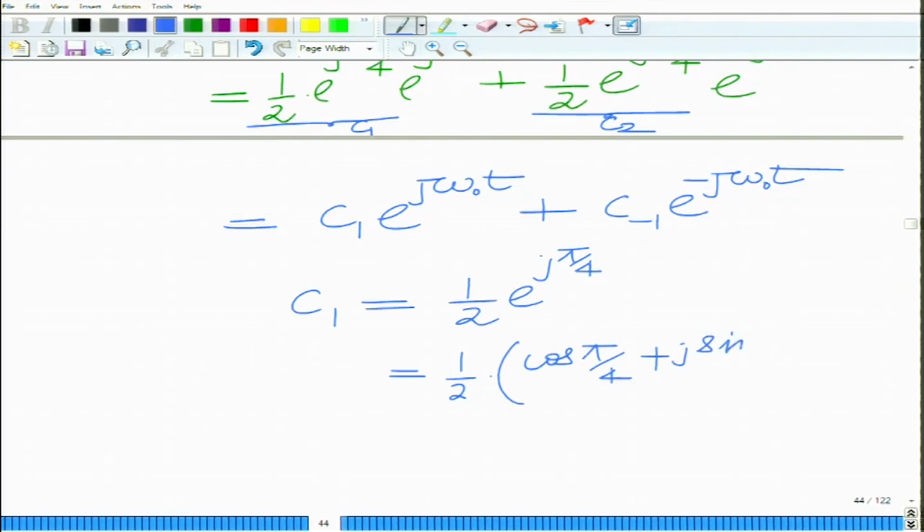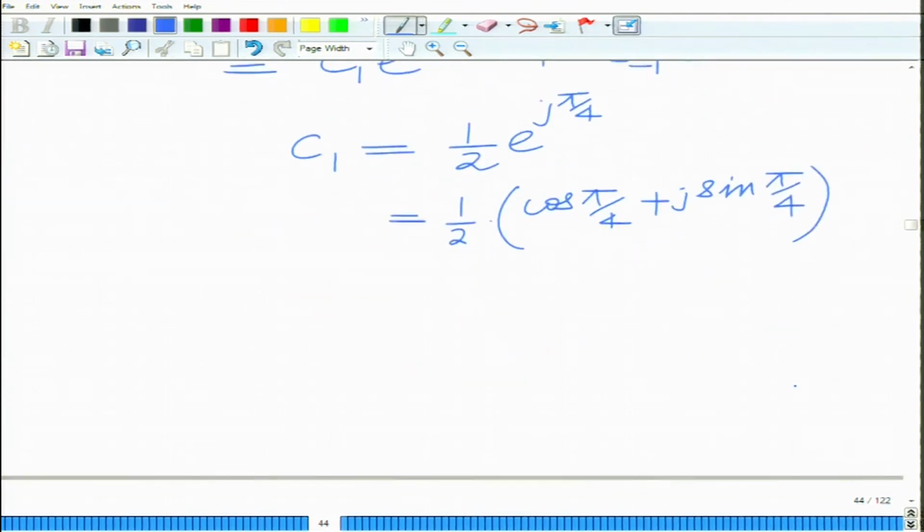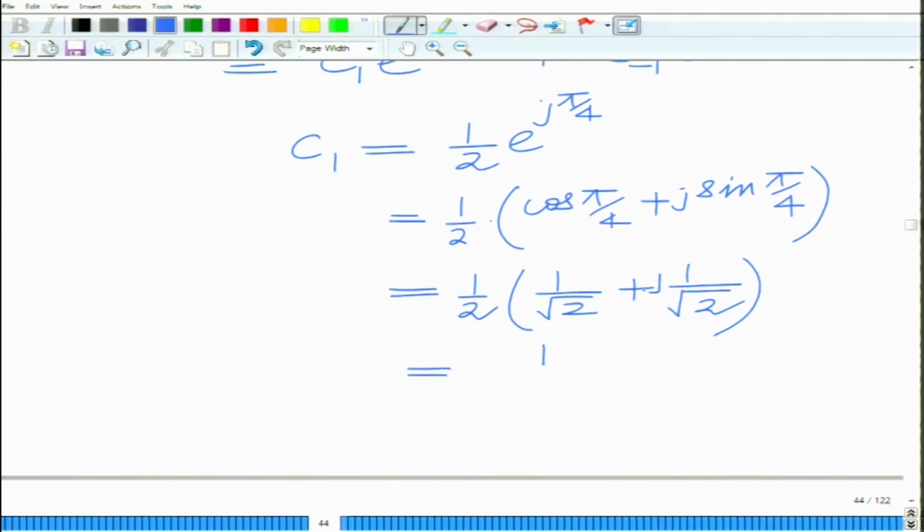So, e raised to j pi by 4 is cosine pi by 4 plus j sin pi by 4, which is half times 1 over root 2 plus j over root 2, which is 1 plus j over 2 root 2. So, the coefficient C1 in the CEFS is 1 plus j over twice square root of 2.